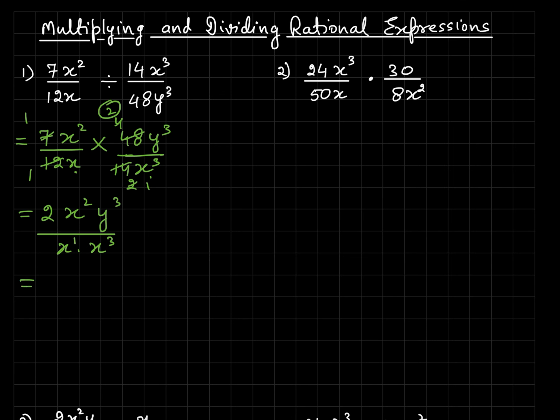So in the denominator x raised to the power 1 plus 3, and in the numerator it is x squared. This y cubed I will write as it is, and x raised to 1 plus 3, that is 4, and this x squared would be taken down, so minus 2. So our answer would be 2y cubed over x squared. This will be our final answer.